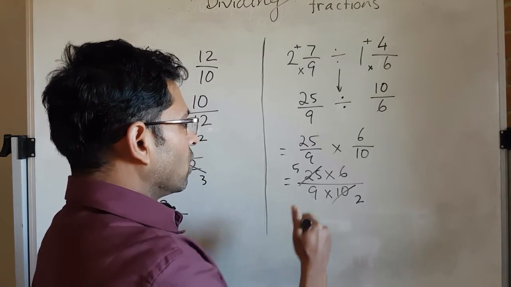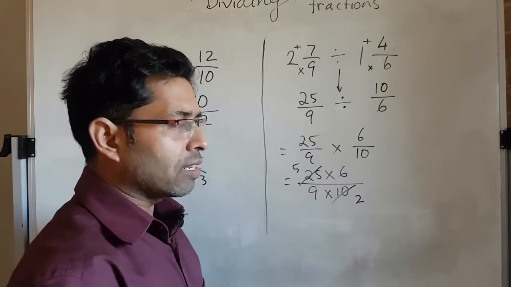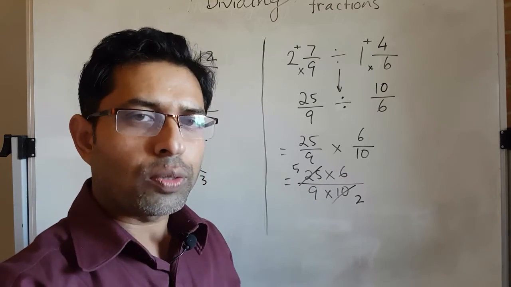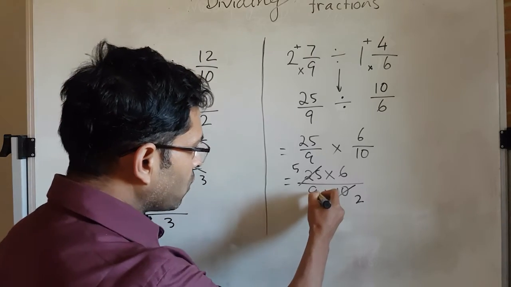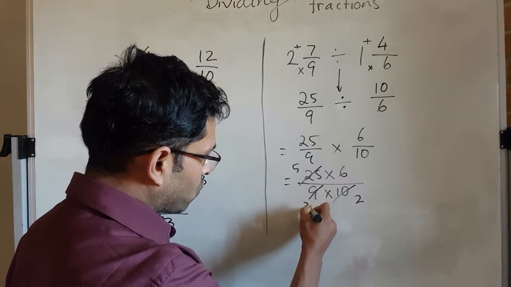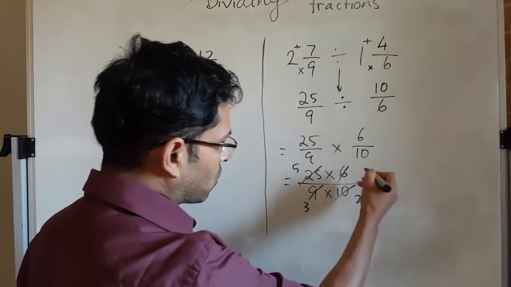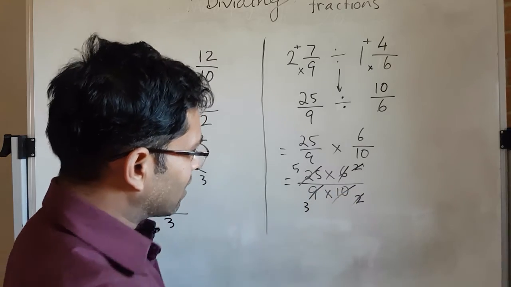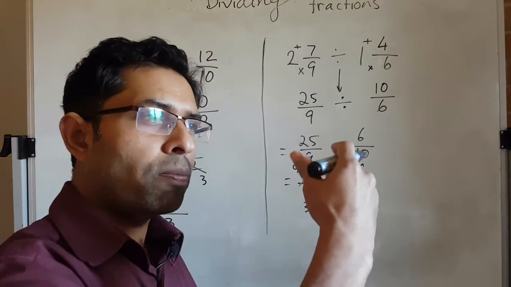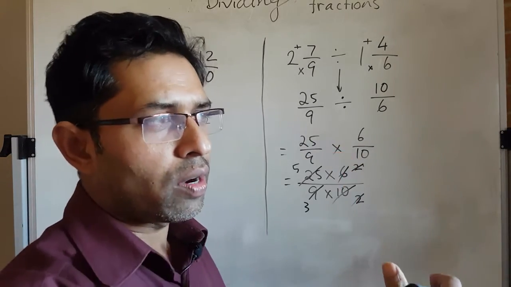Now we have 6 and 9, and you can see that 3 is a common factor, so we can divide by 3. 9 divided by 3 is 3, and 6 divided by 3 is 2. And you can see that the 2 and 2 can cancel again. Anything in the numerator can cancel with the denominator.